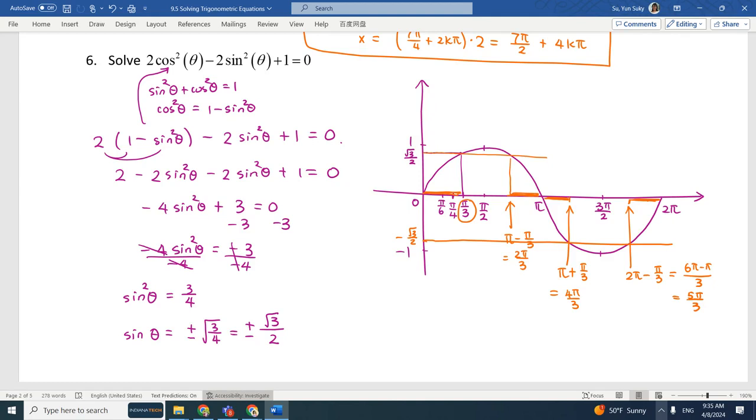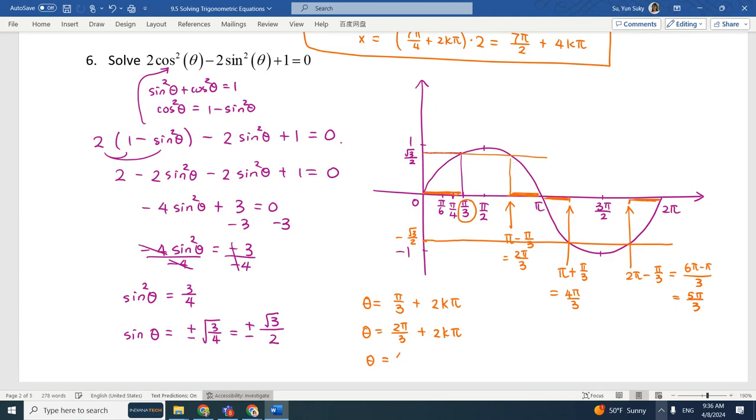Okay? So then we say theta is pi over 3 plus 2k pi. Is everybody okay? Because the period for the cosine is 2 pi, so you add 2k pi, it includes all the solutions. Or the next one is 2 pi over 3 plus 2k pi.